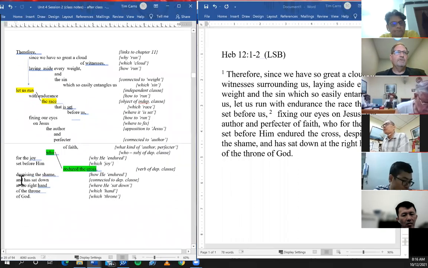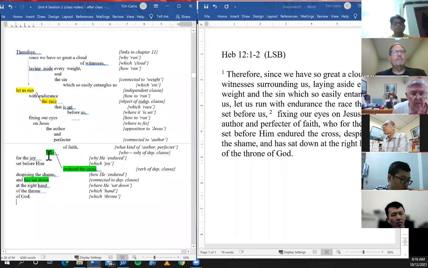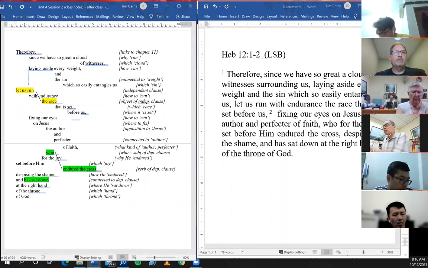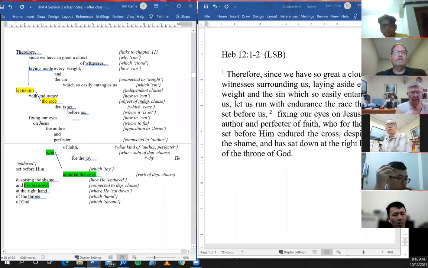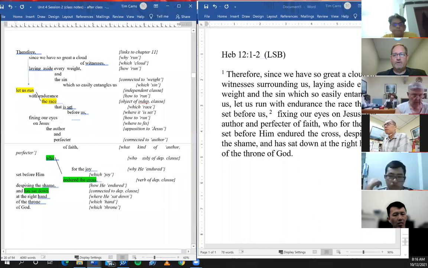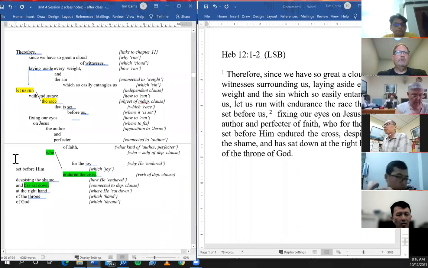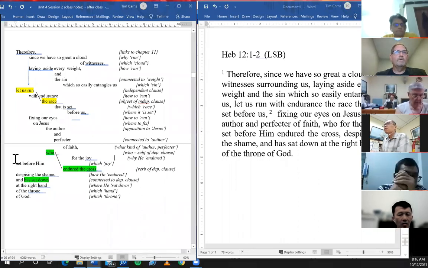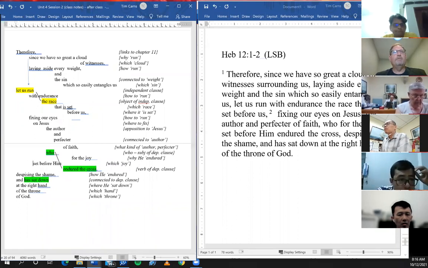These were my two dependent clauses there. Okay. So who, for the joy, and as Shulong told us, that's modifying endured because it's telling us why he endured. Who, or for, reason. Okay. So he endured for the joy. Which joy? The joy set before him.